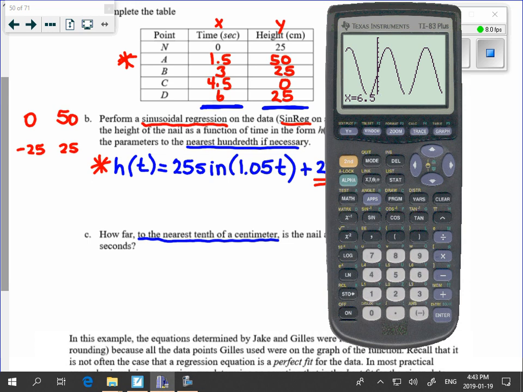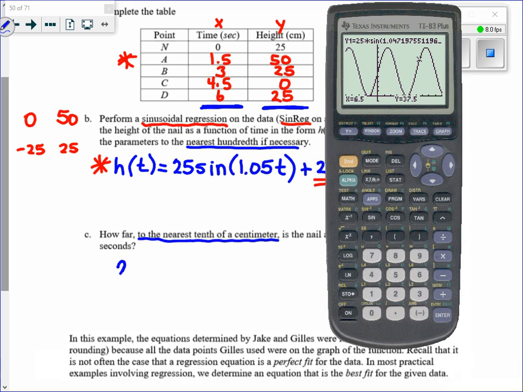And we should expect to get the exact same answer we got on the previous page when we did this, and it tells us that when x is 6.5, our y is 37.5, which is the exact same thing we got when we did it by hand.